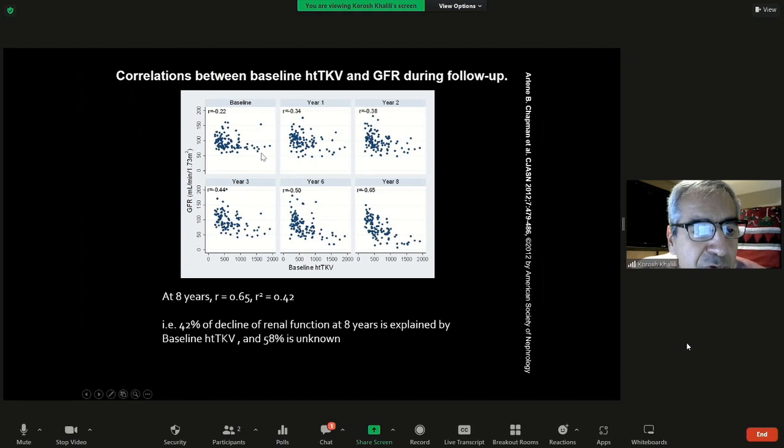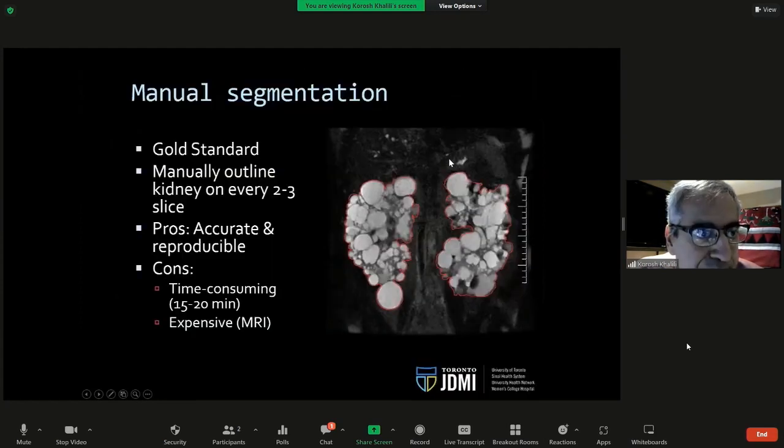But when we followed those patients down the line, we could see that in the future, patients who've had high total kidney volume will have lower kidney function. And those who had lower kidney volumes 8 years earlier will have higher kidney function. So it's a marker of future renal function.